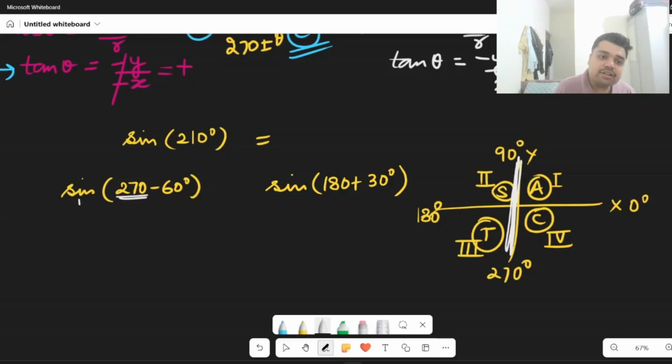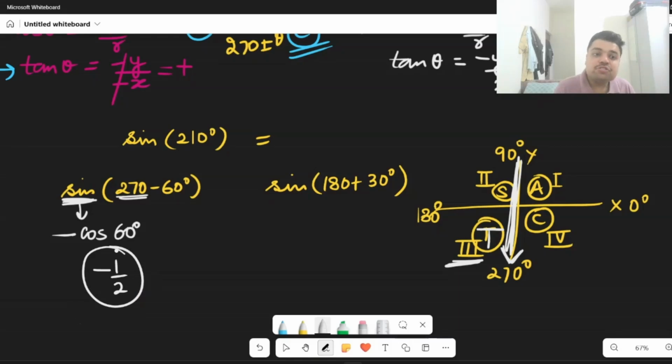So I will convert sine into cos, and the 60 as it is we will write. Now 270 minus theta will lie in which quadrant? This is 270. Minus theta means third quadrant. Now I'm checking, is sine positive in that quadrant? No, only tangent is positive. So I will put negative cos 60. Now what is cos 60? 1 by 2. Very good.